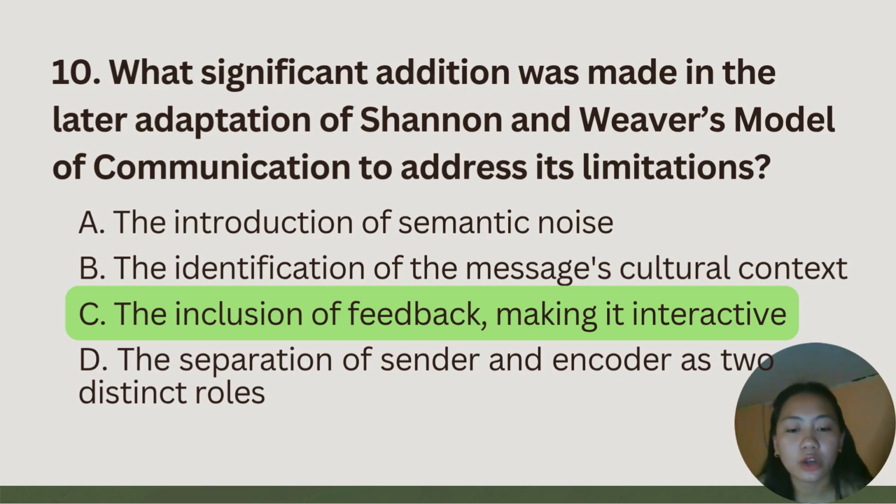So why are the other options incorrect? We have the introduction of semantic noise. Though semantic noise is important in the concept of communication, it is not part of the original model of Shannon and Weaver.